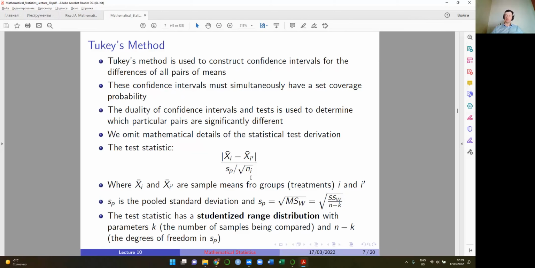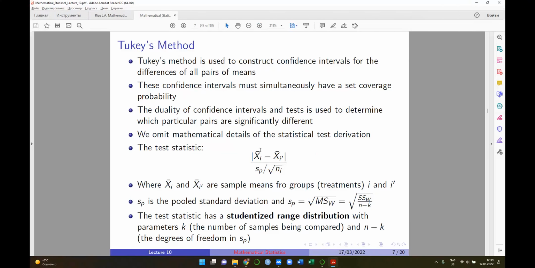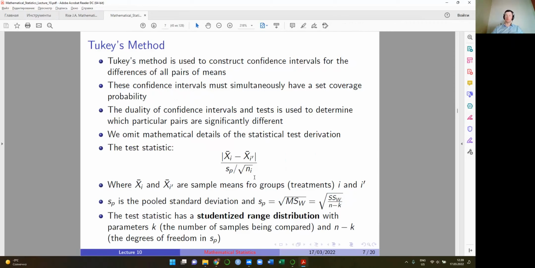And this test statistic is not t, but it looks similar to t. Therefore, it has a studentized range distribution. It's not a student's distribution, it's another type of distribution. You see that this distribution is always positive because this variable is always positive. So the absolute value in the numerator never gives you a negative number.